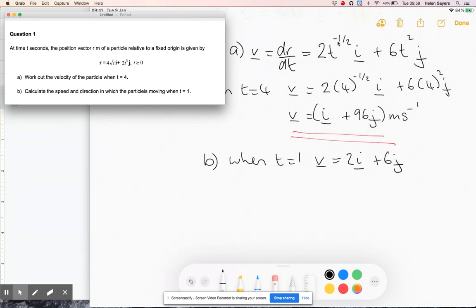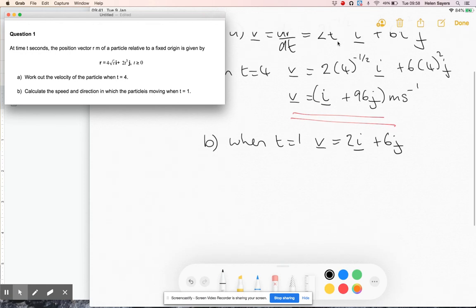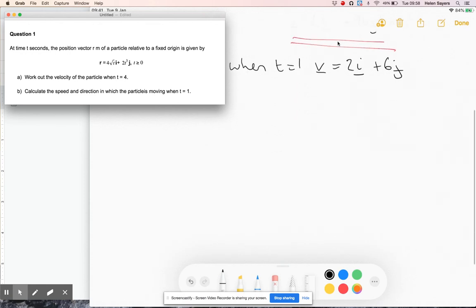So that's the velocity when t is 1. So the speed is really straightforward. All that vector is saying is that it's moving 2i, so that's 2 to the right, and 6 up. So if I just do that, that's the direction it's moving in. So that would be the resultant vector.